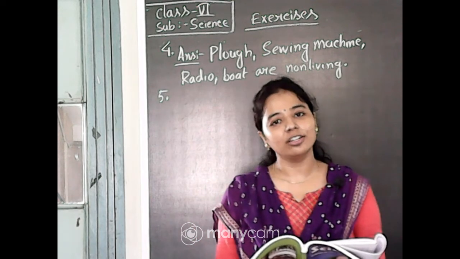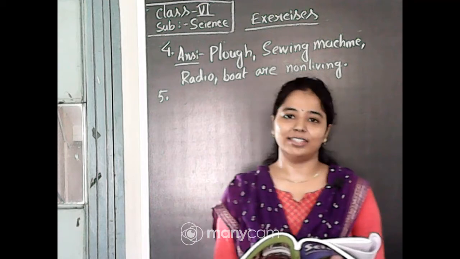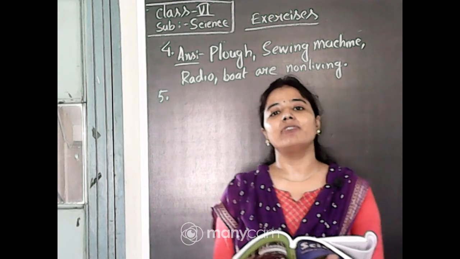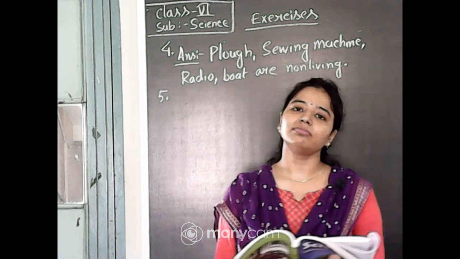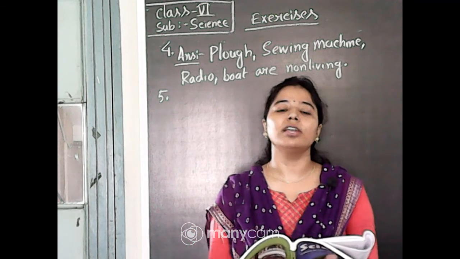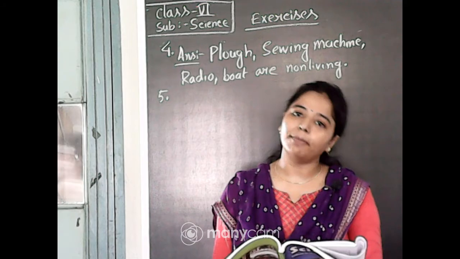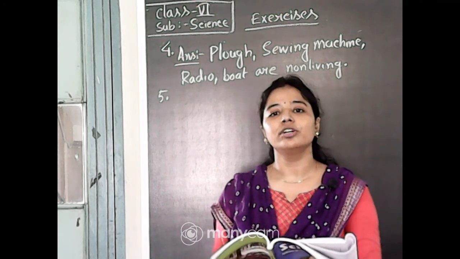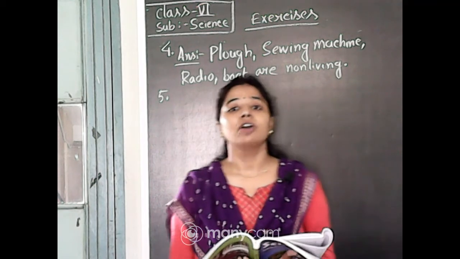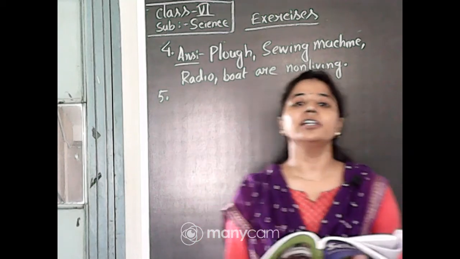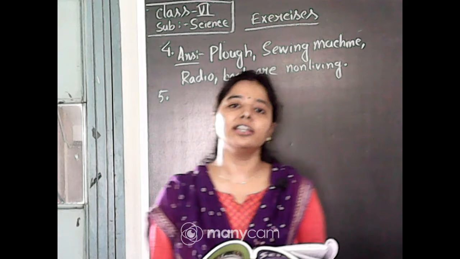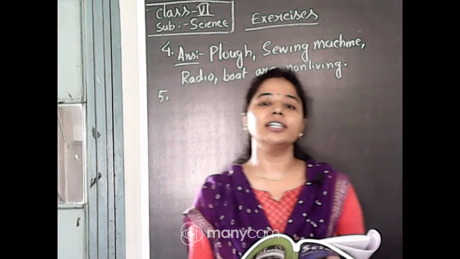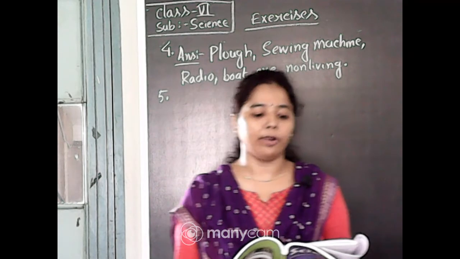You can take another example, a car. A car is also non-living, it moves from one place to another, and it needs oxygen to run its engine. So to run the engine, oxygen is very important. Okay.